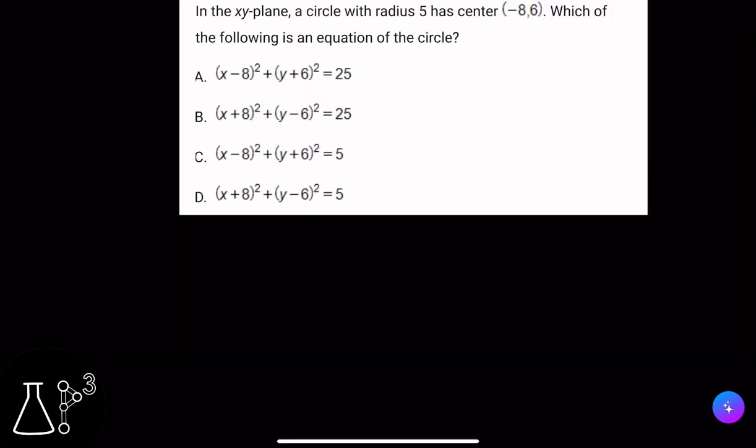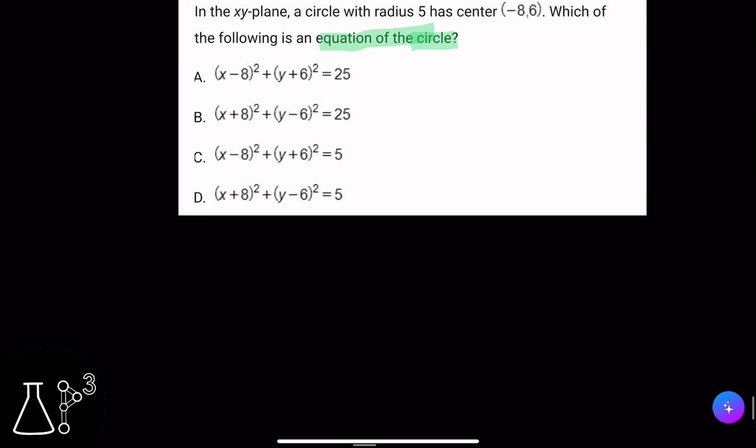Okay, this is a medium question now. In the X and Y plane, a circle has a radius of 5 and a center of (-8, 6). Which of the following is an equation of the circle? The equation of a circle is a formula that looks like (x minus h) squared plus (y minus k) squared equals r squared. r is the radius, and h and k are the center values, but the opposite.